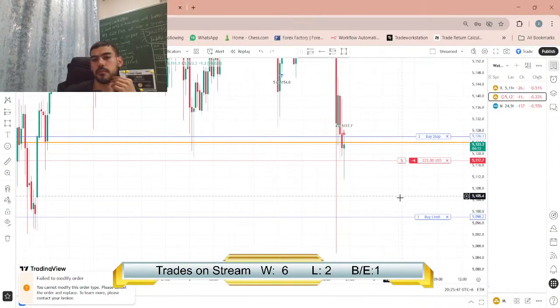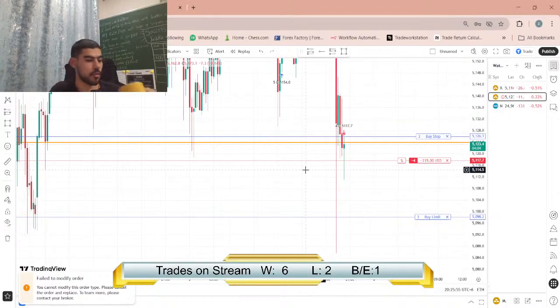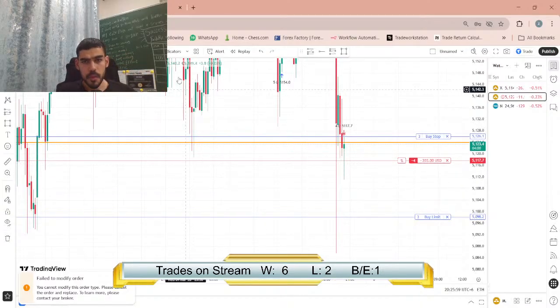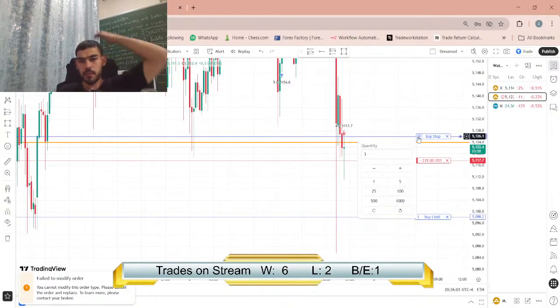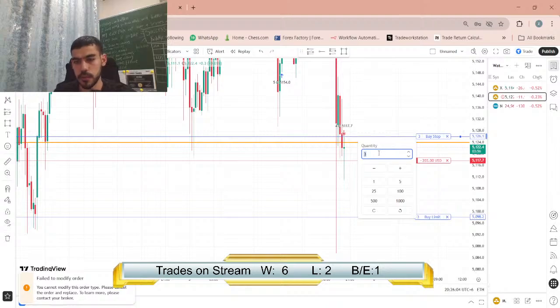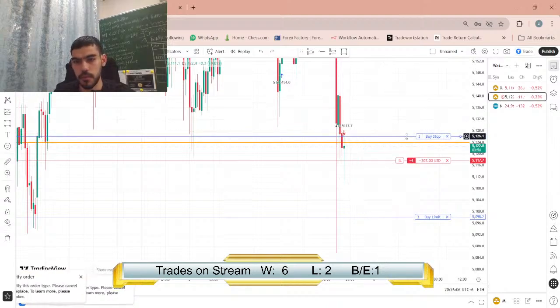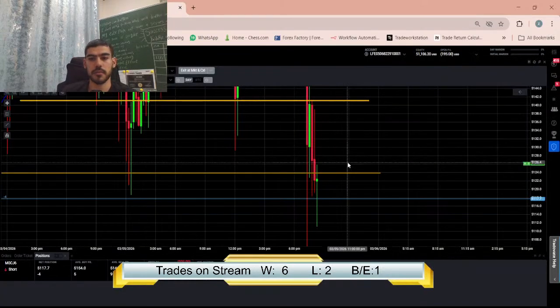Anyway, if it hits either stop loss or profit target, it doesn't actually matter much. But the issue is I cannot fix this to be a full stop loss. I have to remove it and add it again.